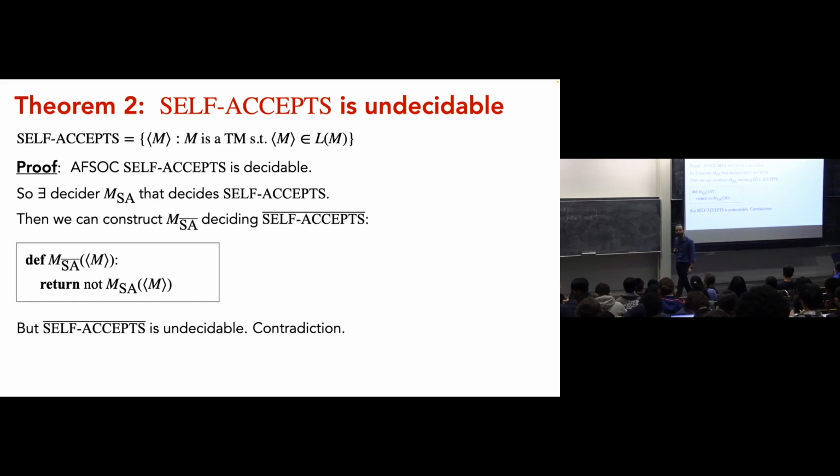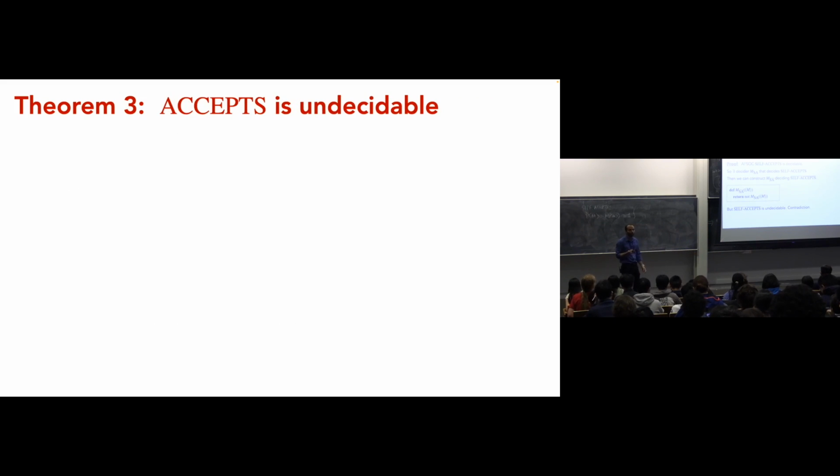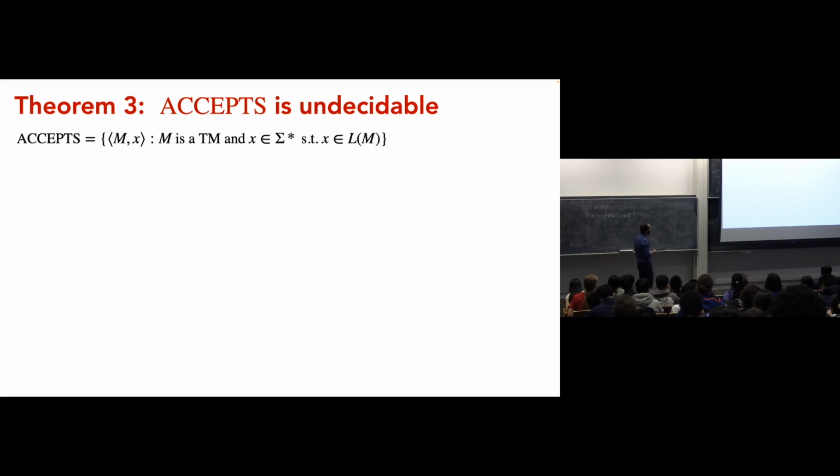Accepts. Accepts is a more general problem. In accepts, you have to figure out, given some Turing machine M and some arbitrary input X, whether M of X accepts or not. In self-accepts, you're just looking at one particular input, which is the description of the Turing machine. So intuitively, accepts should also be undecidable. It seems like a harder problem.